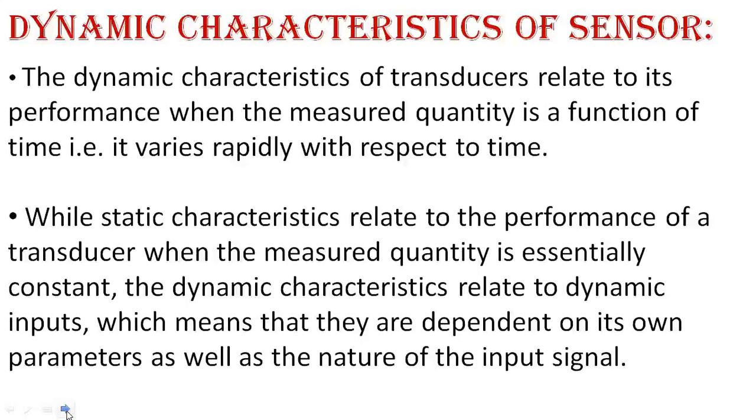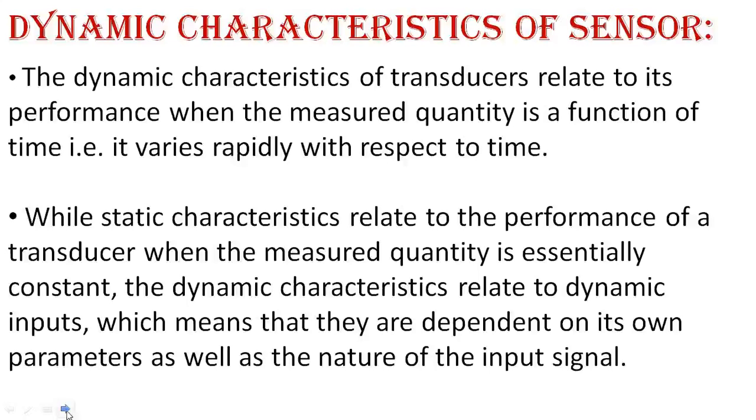We have already seen that the static characteristics of a sensor are stable, constant, and give the desired stable output. But dynamic characteristics of the sensor are not stable, not constant, and change with respect to time. So here the input changes, so the output changes.